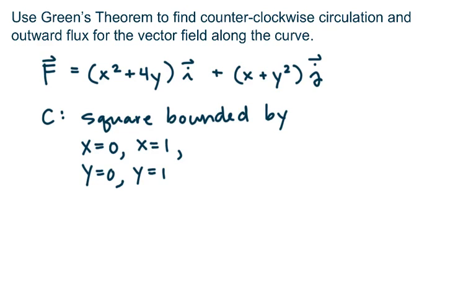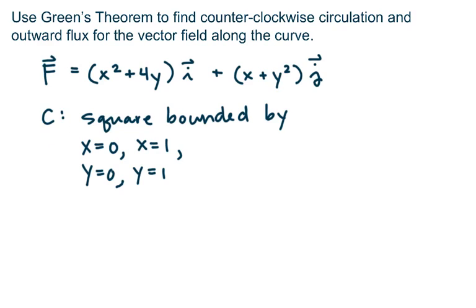In this example, we are going to use Green's theorem to find both counterclockwise circulation and outward flux for this vector field F, which equals (x squared plus 4y)i plus (x plus y squared)j.